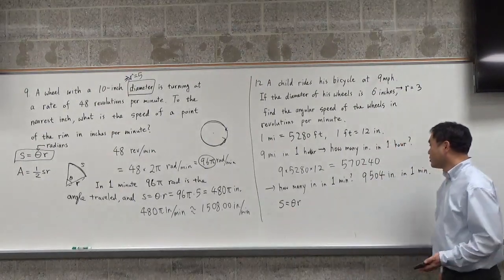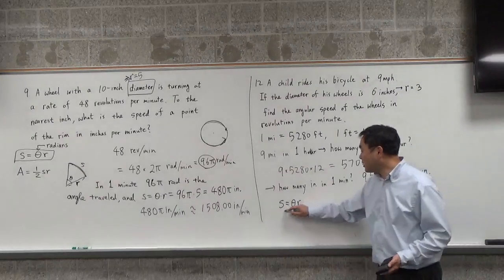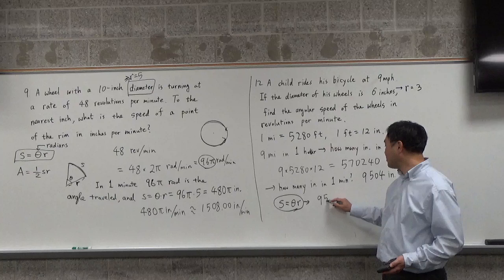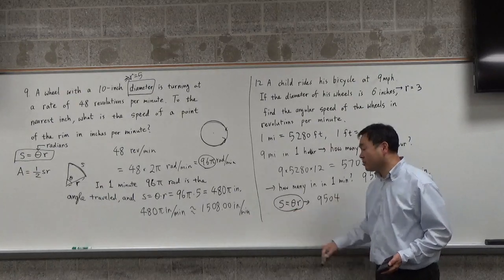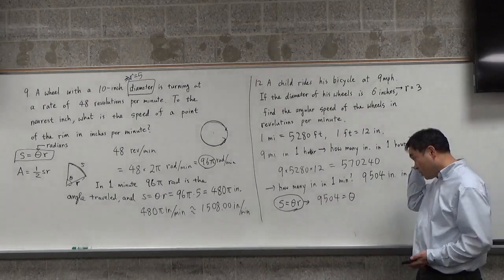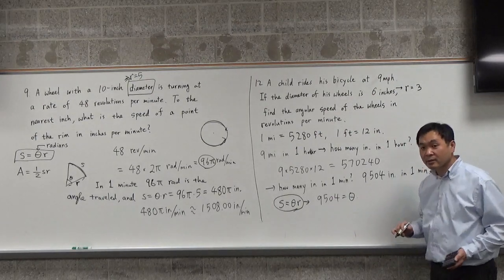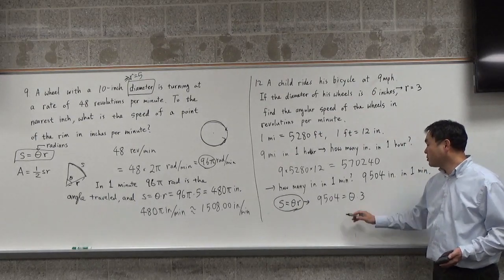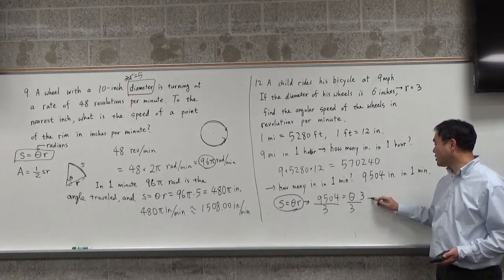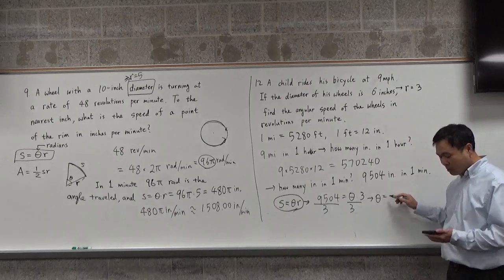Okay, so using this, now let's do this. You have 9504 as the value of s. Theta is the one that we want to know. And what should I use for r? 3. Just divide by 3. So you divide both sides by 3 to get theta. So let's see, what's that?